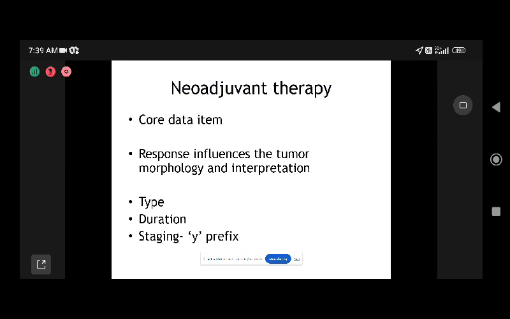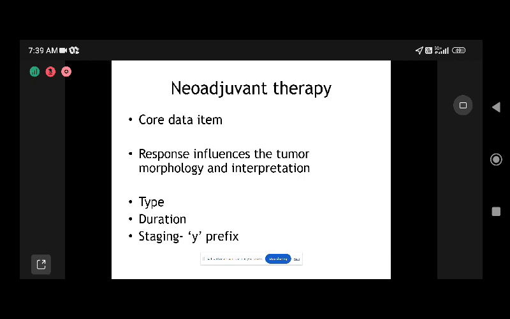And one extremely important piece of information, which is a core data item, is whether any neoadjuvant therapy was used. Neoadjuvant therapy, what type of therapy, and what the duration was, that information needs to be provided. The staging also changes, and what happens to the tumor after neoadjuvant therapy is that it undergoes a lot of degeneration, or it can just change its appearance, and it may not be visible on gross examination, and we can totally miss the tumor.